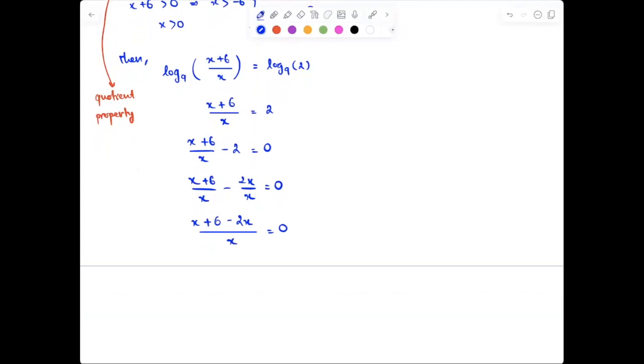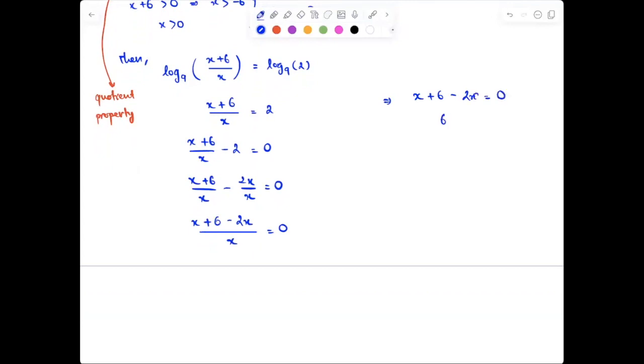Now, at this point, you have a rational function set equal to 0. And when you go back to the previous lecture on rational functions, what you do when you solve this type of problem is to just set the numerator equal to 0. So this implies that x plus 6 minus 2x equal to 0.